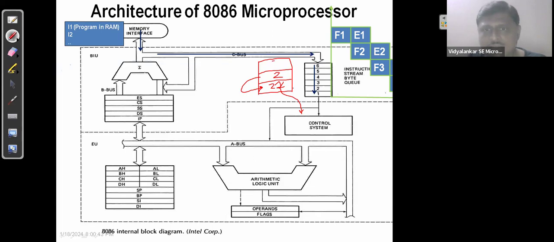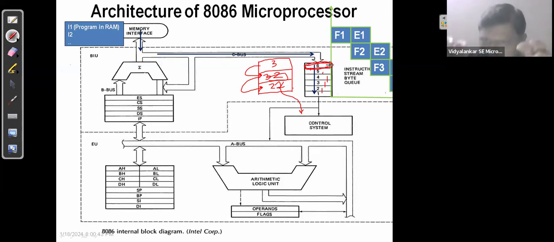And if this is instruction 3, then instruction 3 will come to the position of instruction 2. So that some space will be created at the top. This is where your space will be created, because if you take instruction 1, then 2 will come here, 3 will come here, 4 will come here, 5 will come here, and 6 will come here, so that some space will be created here where the next instruction can be brought by the BIU.